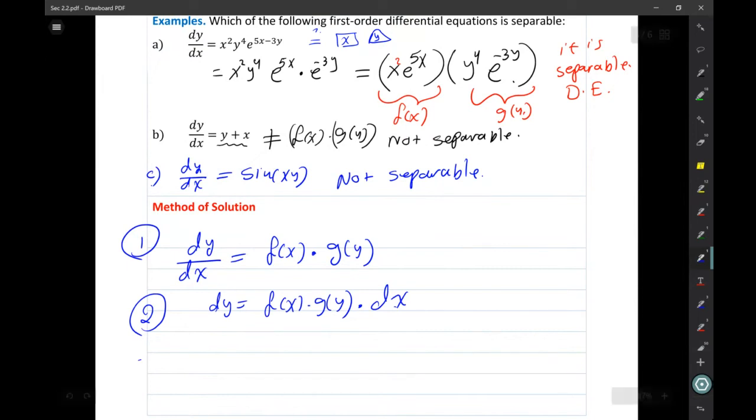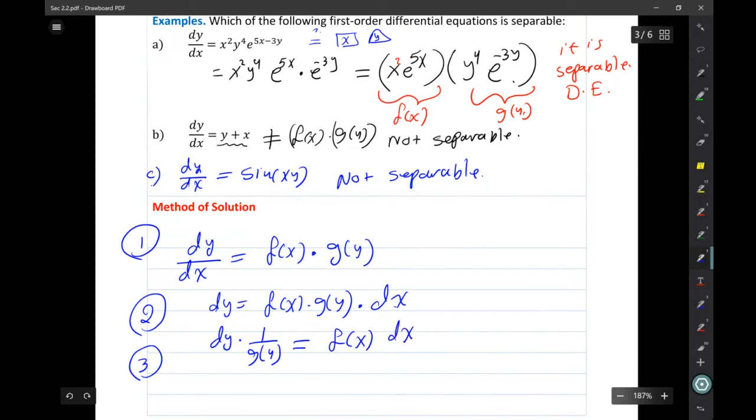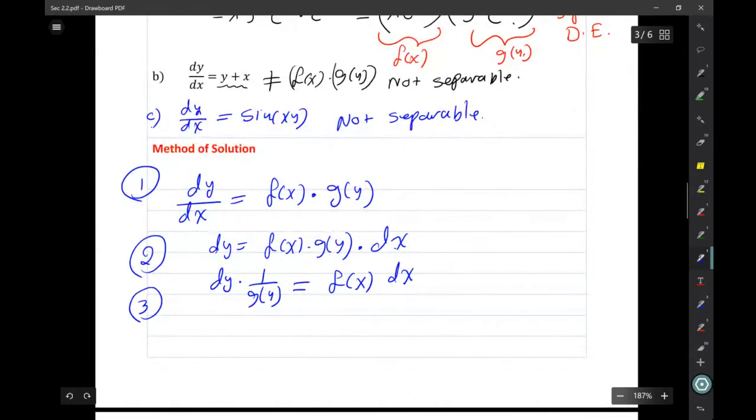Now your third step, you have to separate everything with respect to y and dy on one side, everything with respect to x and dx on the other side. So that means dy times 1 by g of y is equal to the function f of x dx. Step number 4, the solution is just to integrate both sides.